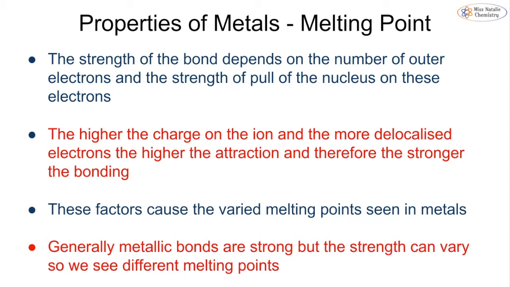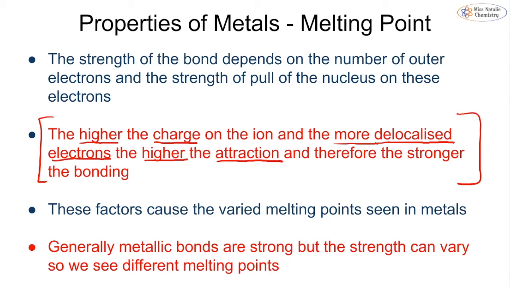So what we tend to find in general is that the higher the charge on the ion, that gives you the more delocalized electrons. We're going to get higher attractions, therefore we get stronger bonding. The more positive and negatives we have, the more they are going to be attracted to each other.